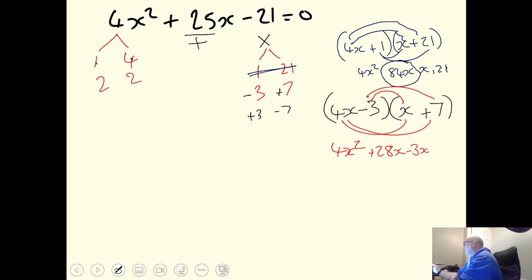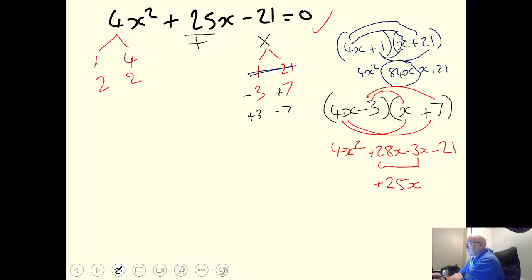And negative 3 times 7 gives me negative 21. Take 3x away from 28x, that's going to give me plus 25x. And I'm happy that that is my original equation. So we've now factorised that fully.